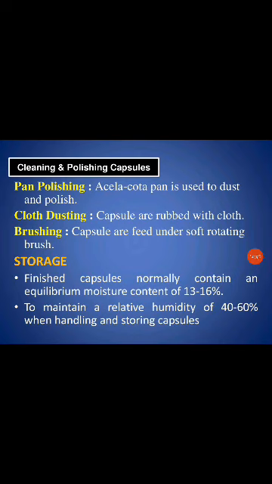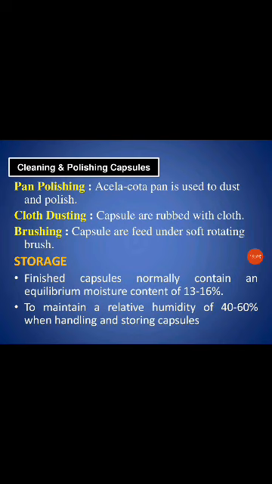and the melting point is also a very important parameter. As the bloom strength or the gelling capacity decreases, the melting point also decreases, and they are non-conducting, non-reacting also.